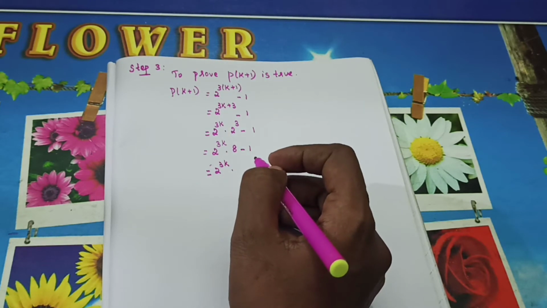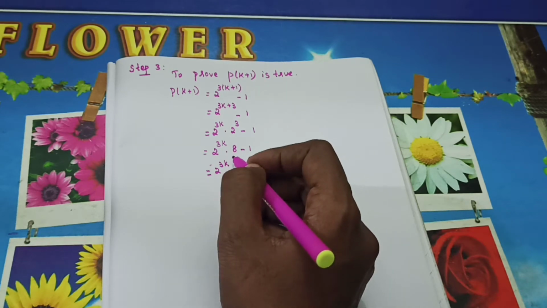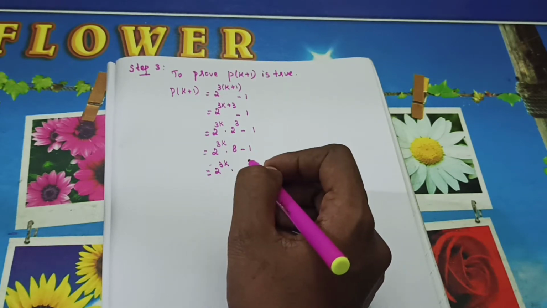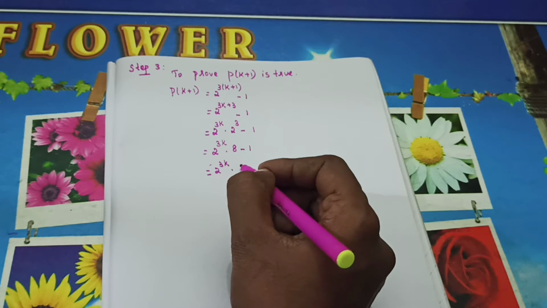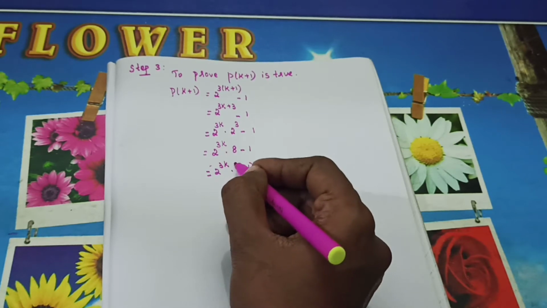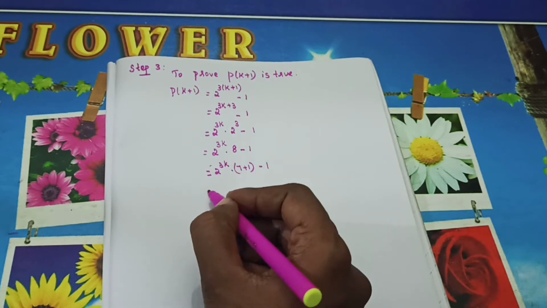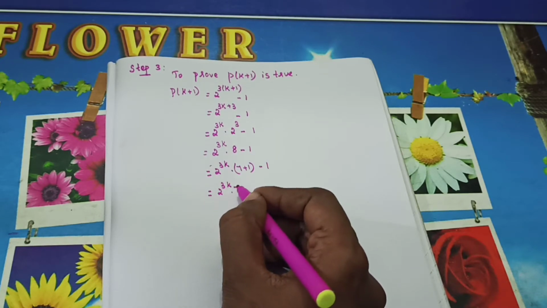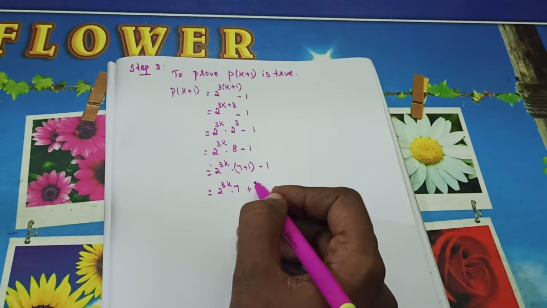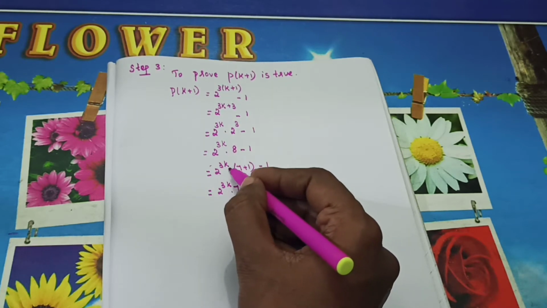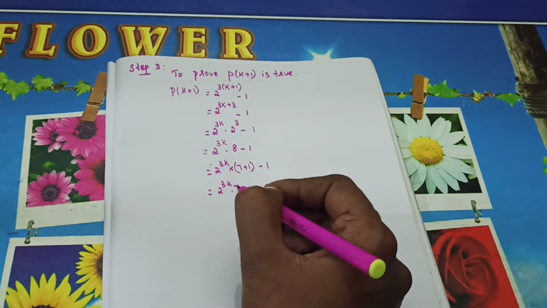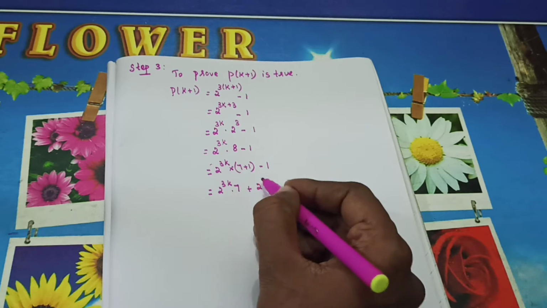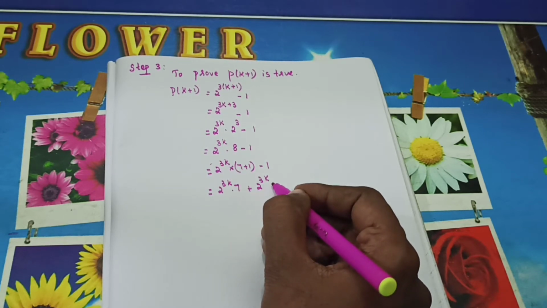Why are you writing this 8 as 7 plus 1? We need to prove that a particular number is divisible by 7. So I am splitting 8 as 7 plus 1, minus 1. That is equal to 2 power 3k into 7 plus 1, minus 1.